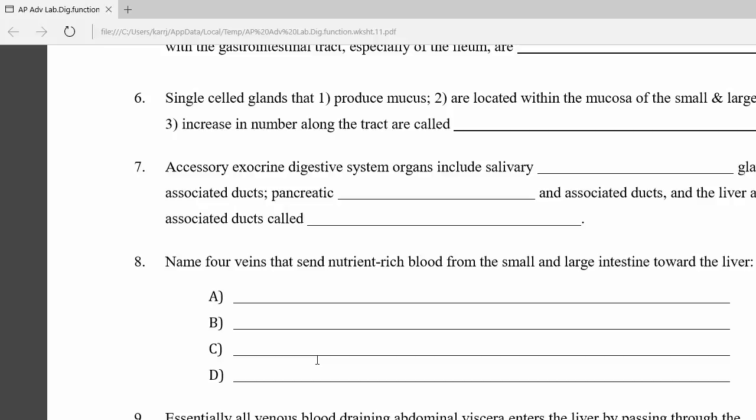And then the larger vein from the spleen, the splenic vein. No, because it's going toward the liver. Well, that's number 9, actually. So superior and inferior mesenteric vein, gastric vein, and splenic vein.